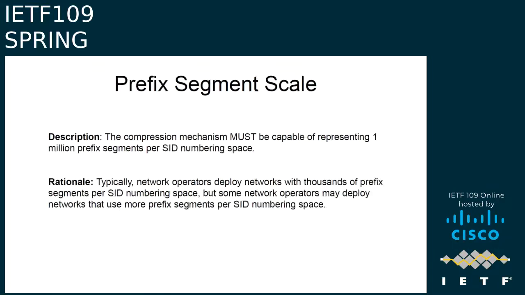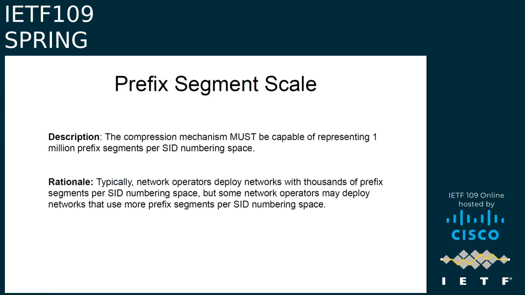For the prefix segment scale, we hope the compression mechanism can represent 1 million prefix segments. Of course, for the typical application scenario, we may need to deploy networks with thousands of prefix segments.